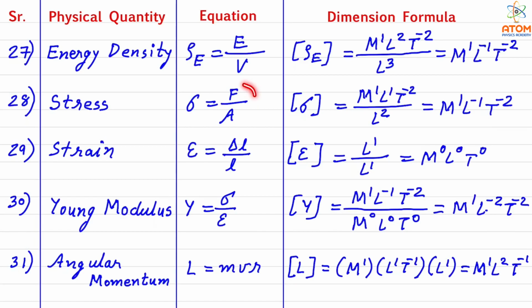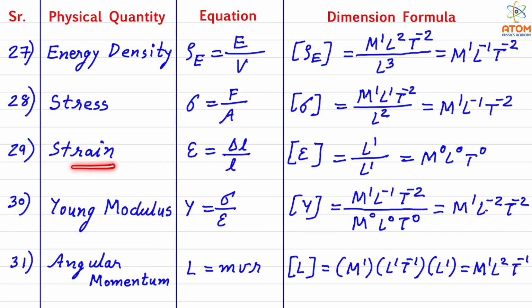As I am saying, this is equal to the equation of pressure, but stress is not equal to pressure. Why it is so, you will learn later in 11th standard only. Right now let us go with the dimension formula. This is force, so the dimension formula will be M1 L1 T minus 2, and for area it is L2. So it is M1 L raised to minus 1 T raised to minus 2.